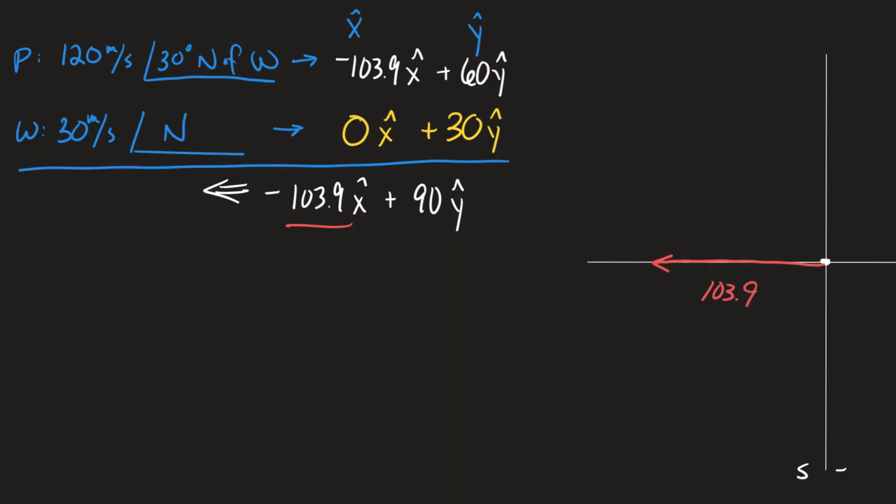Right? 103.9 in the negative x direction. So I've drawn something that represents 103.9. And then it says to go 90 upwards. Okay, I've gone 90 upwards. These are my two component vectors. They are at a right angle to each other, and they express the velocity of the plane, which is this result and this angle.